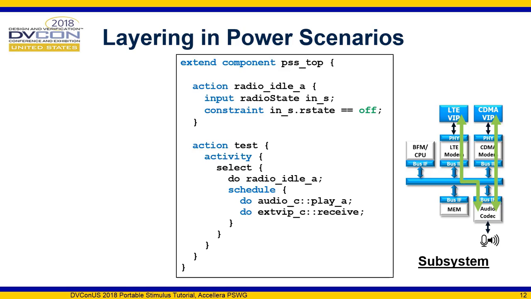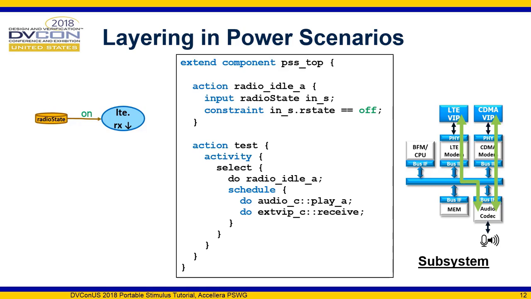Now I can write a top-level test action that says, okay, I'm going to do an activity that's going to do a selection between either turning the radio off by calling radio idle or scheduling a play operation and a receive operation like we did before, because we know these guys will both want the radio on. So what does this mean? Let's say the first time the tool went down the select, he decided that he's going to do an LTE RX.